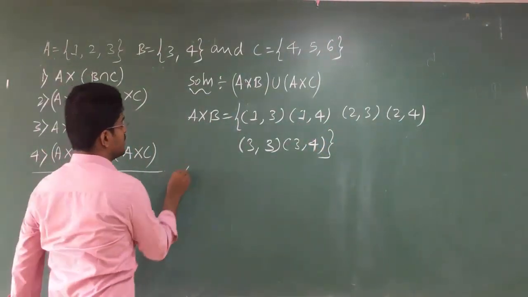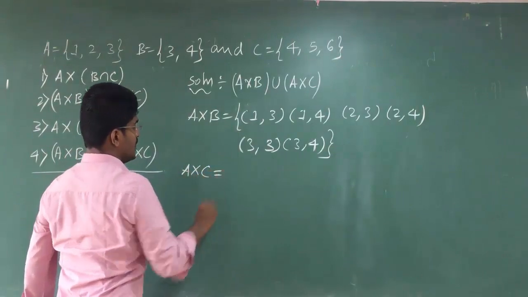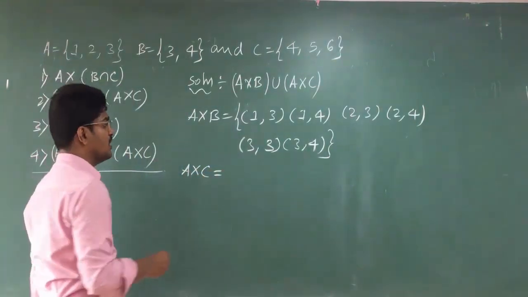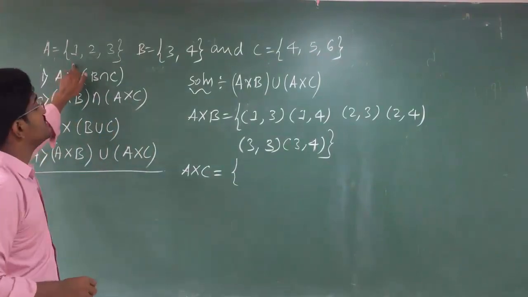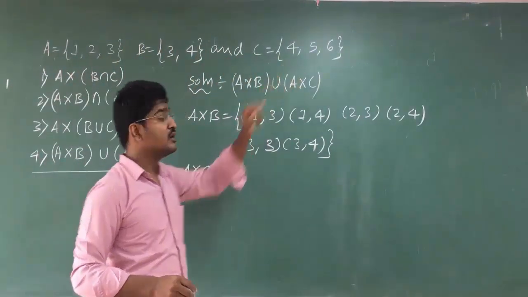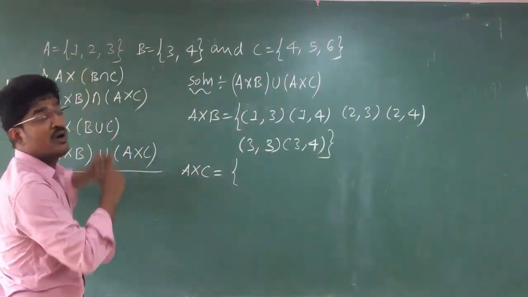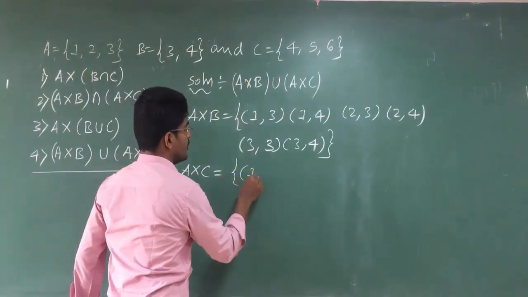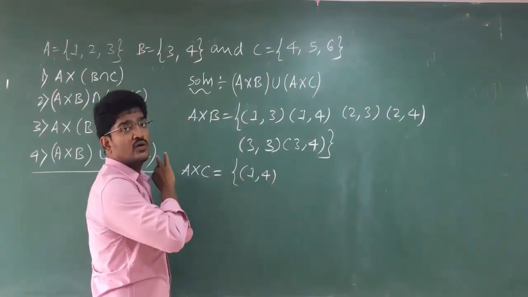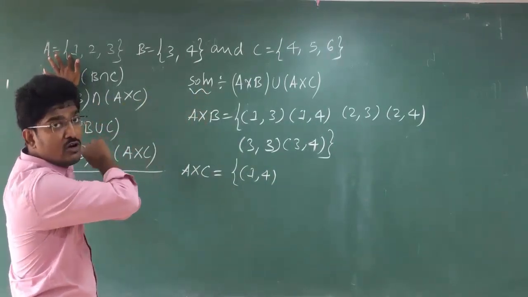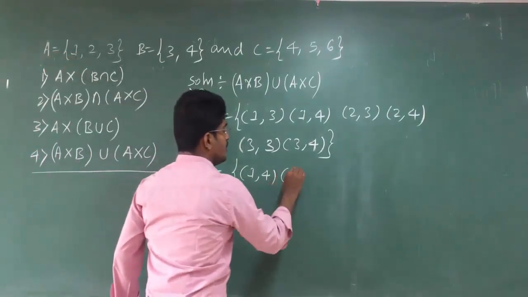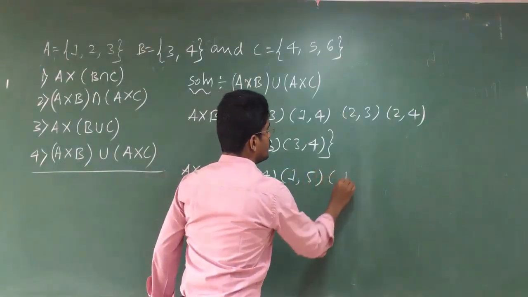Now calculate A cross C. Clear? What is A cross C? This is A, this is C. What is the first element? 1,4. Next element? With 1, should all the elements there be finished? So first element 1,4. Next element 1,5, 1,6.